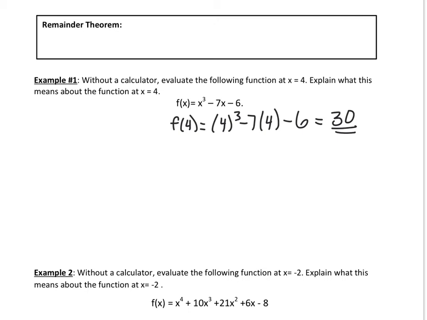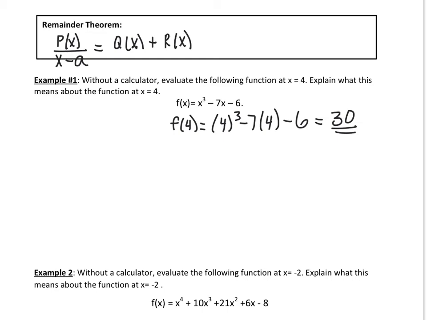So basically what it says is that if you divide any polynomial function, which we'll call p of x, by some factor, which we'll call x minus a, it will equal something with a remainder. So when you divide this, you're going to get a quotient, q of x, plus some remainder, which we'll call r of x.